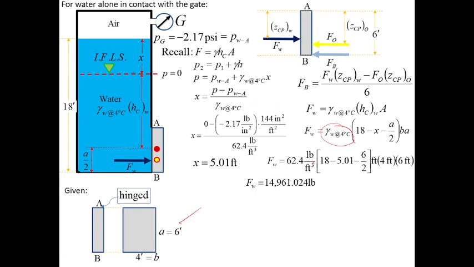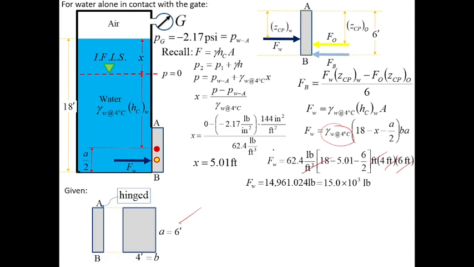Okay, so this will cancel. So we have that answer, or this is 15.0 times 10 to the 3 pounds. Considering three significant figures, this is 15.0 times 10 to the 3 pounds.